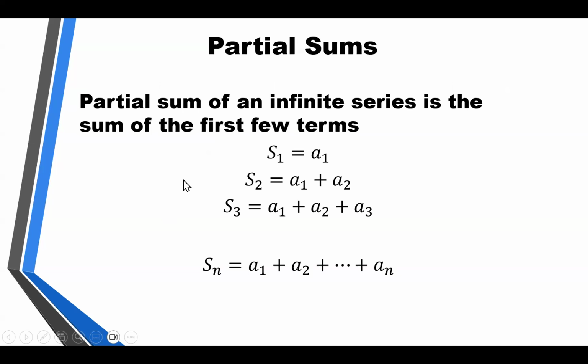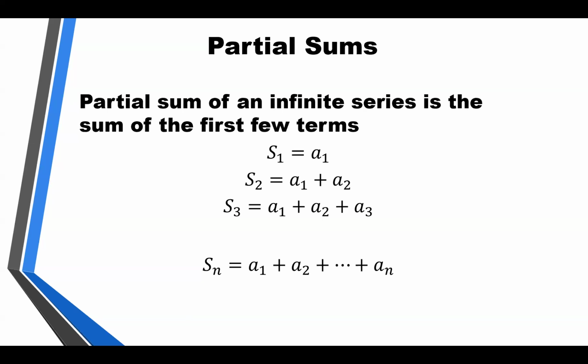So the first tool that we look at is the tool of partial sums. The partial sums are the sums of the first few terms in the infinite series. So we have this infinite series, which is a sum of infinitely many terms.